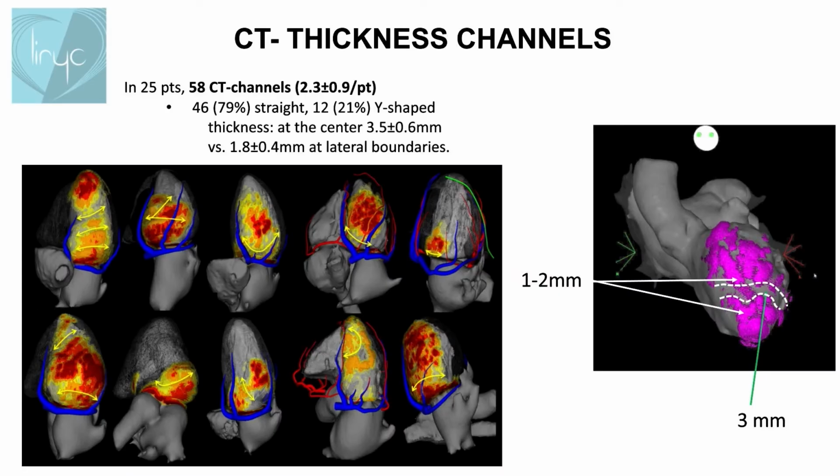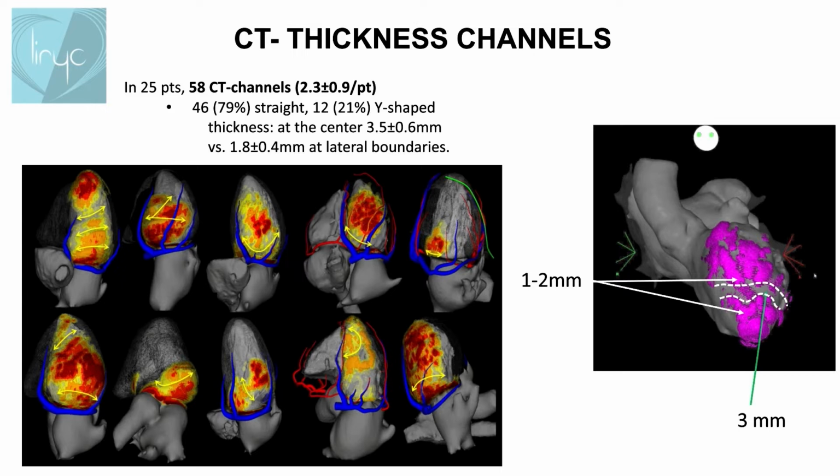So this CT wall thickness is really interesting. It benefits from the very high spatial resolution you get access to using CT scan, and it defines the heterogeneity of the scar. It helps visualize these CT channels that are these areas of relatively preserved wall thickness.